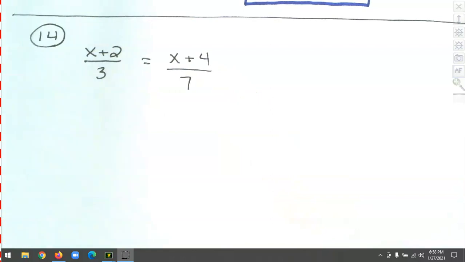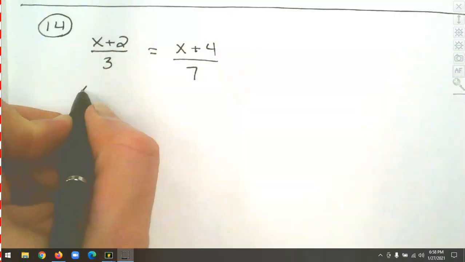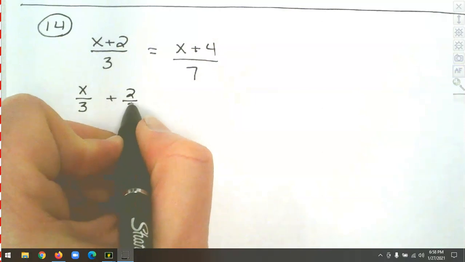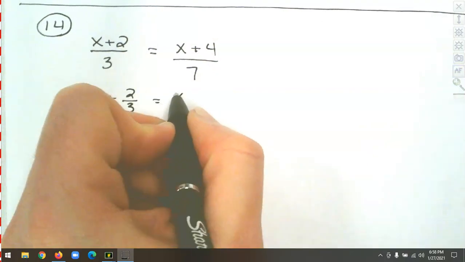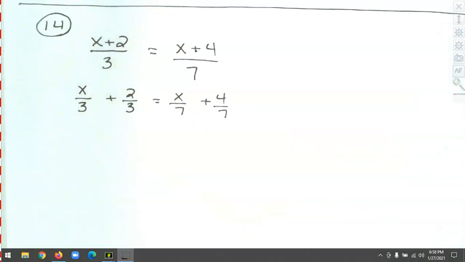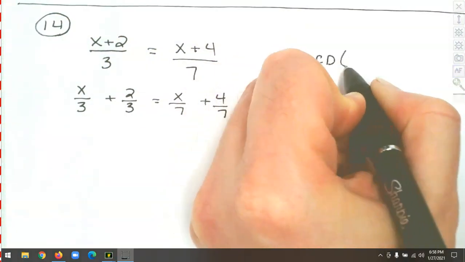Now, one approach would be to break everything up into an individual fraction. And we can clear out our fractions by looking at our denominators. What do we have in our denominators?